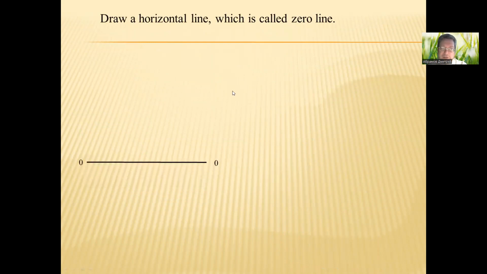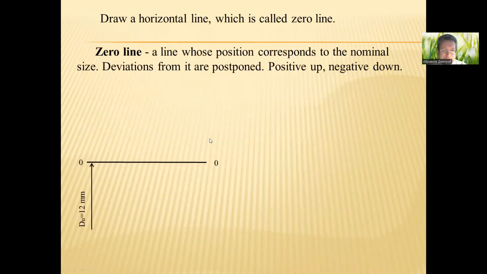Draw a horizontal line, which is called the zero line. Zero line is a line whose position corresponds to the nominal size; in this figure, D nominal is equal to 12 millimeters. Deviations from it are plotted: positive up, negative down.